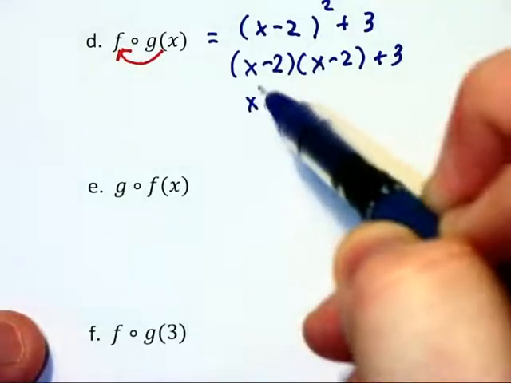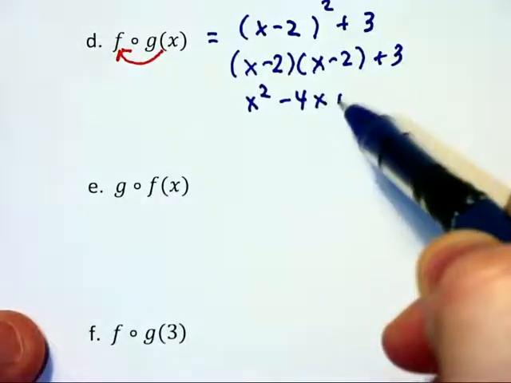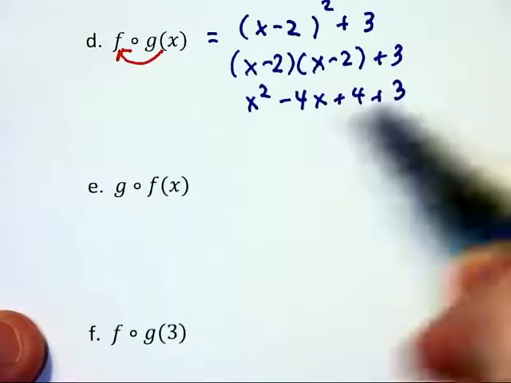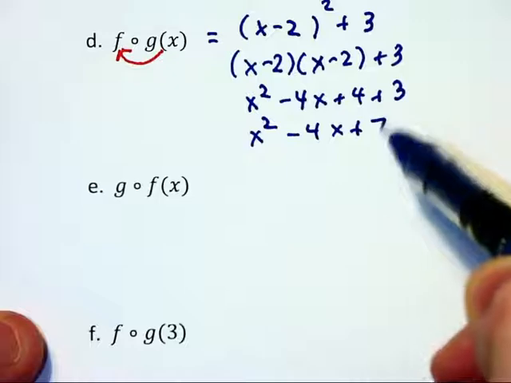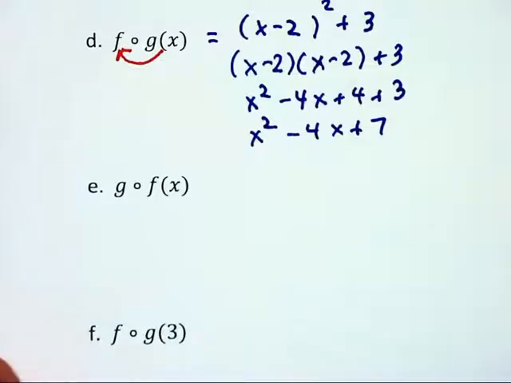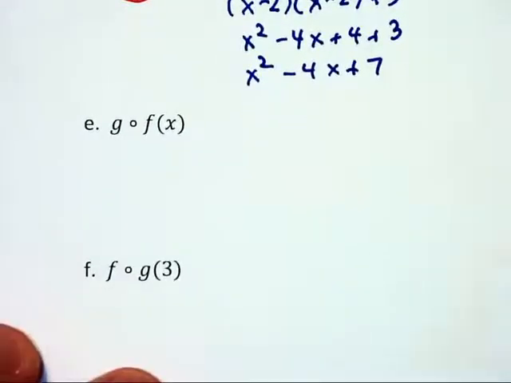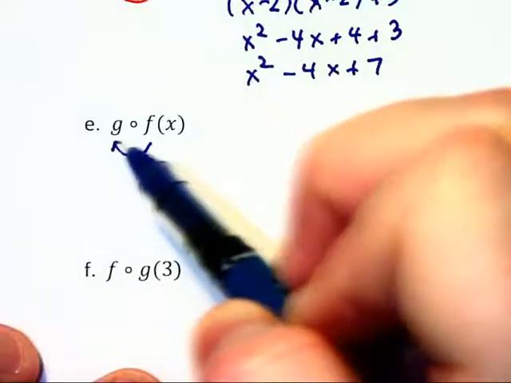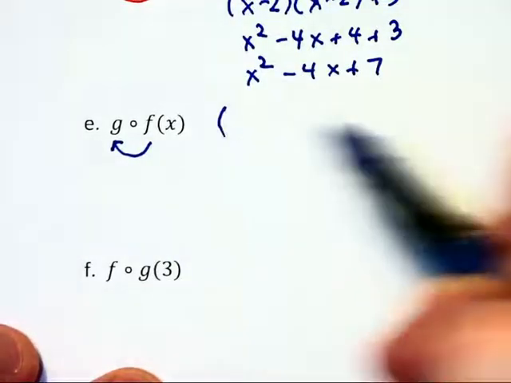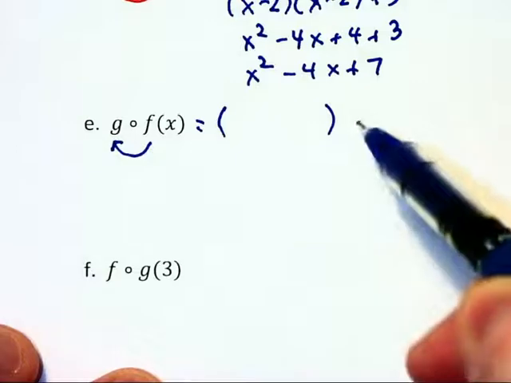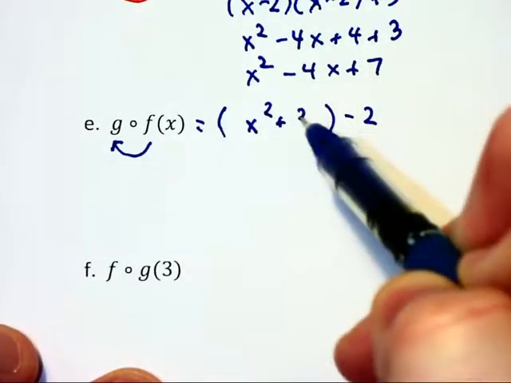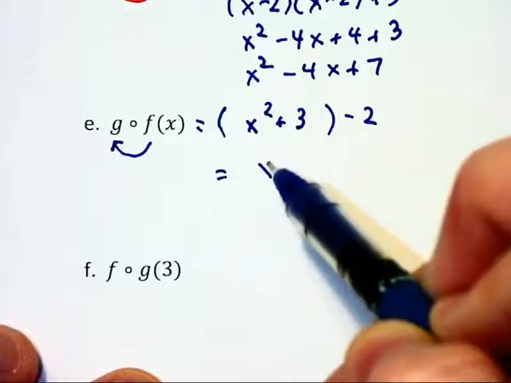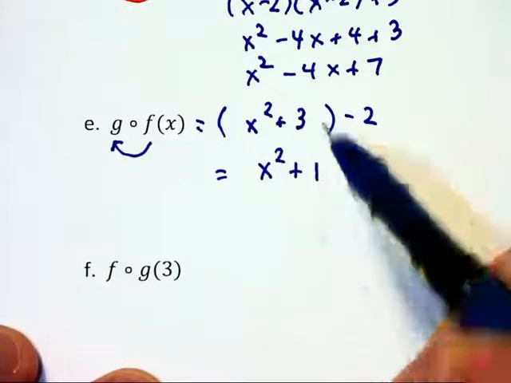That is x squared minus 4x plus 4 plus 3, which gives us x squared minus 4x plus 7. If you have g composite f of x, it's f getting substituted into g, and g says input minus 2, where the input is x squared plus 3. So this expression is going to equal x squared plus 1.